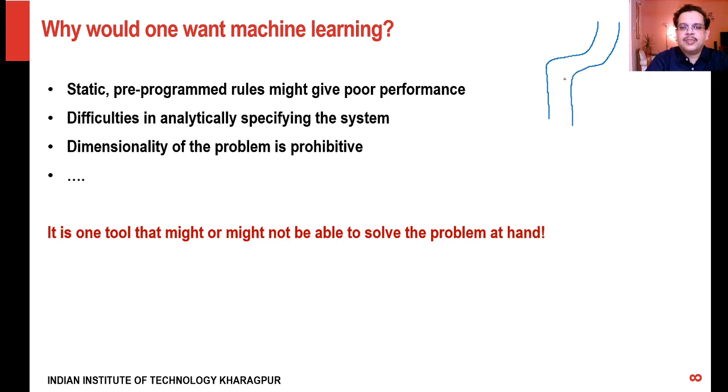Now if I design a set of rules or algorithms which can negotiate this turn, it may not represent the very smooth way that a human driver will figure out how much leeway to keep on either side of the road, and how to negotiate this turn without too much of a jerk or too much wobbling around, etc. That kind of behavior may not be very easy to implement if I hard-coded the control completely.